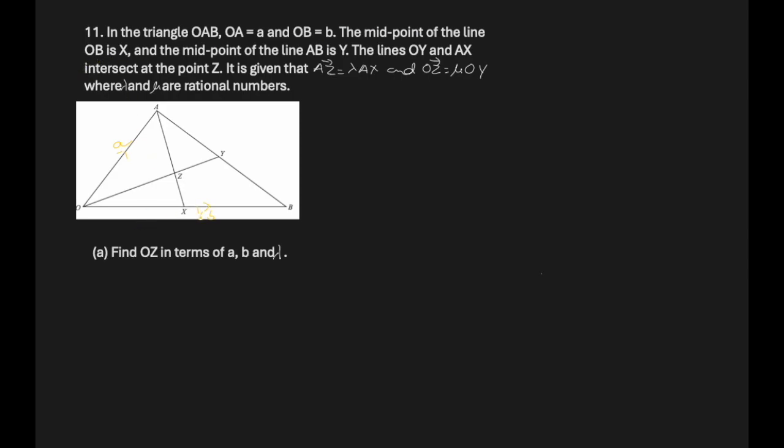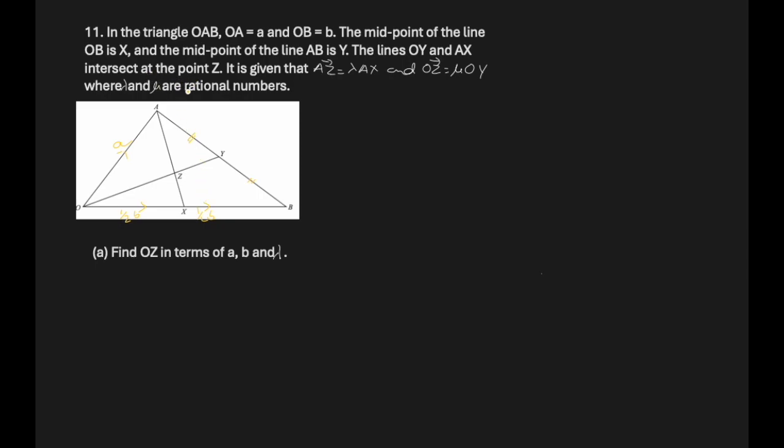This is half B and this is half B, okay? Can you see I'm interpreting every information into the drawing so that I understand it better. And the midpoint of AB is Y. So we know this and this line segment are equal.